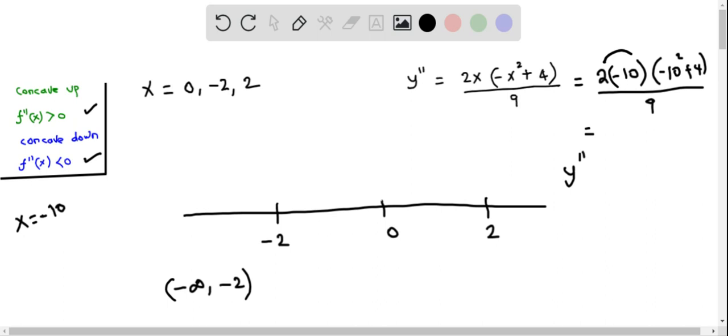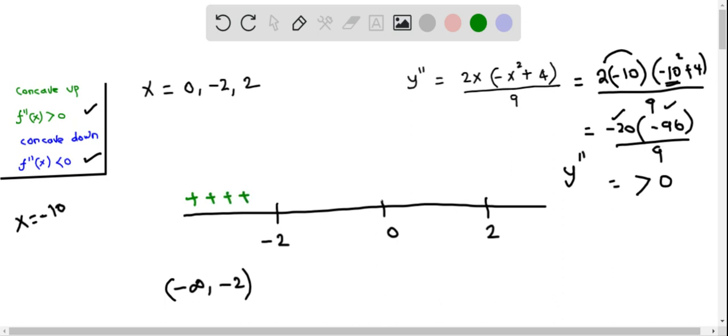So this is 2 times negative 10 is negative 20, and negative of 10 squared is negative 100 plus 4, which is negative 96. This is over 9, and we have a product of two negative numbers, and therefore it's going to be a positive number. So it is positive in this interval, so we mark positive in this interval.